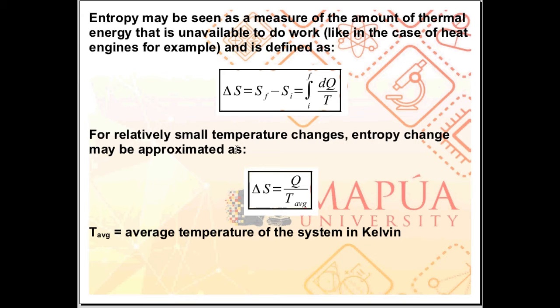For relatively small temperature changes, entropy change may be approximated. This integral may be approximated as delta S is equal to Q over T average, where T average is the average temperature of the system in Kelvin.